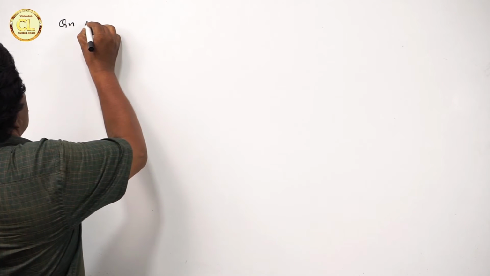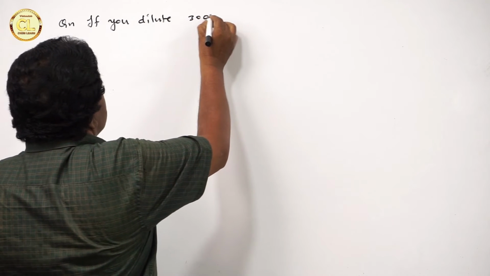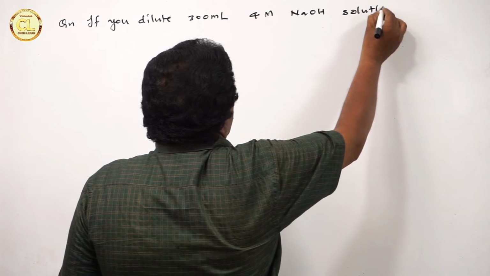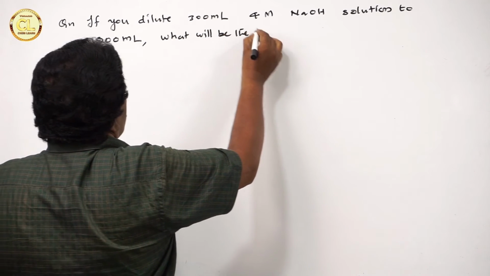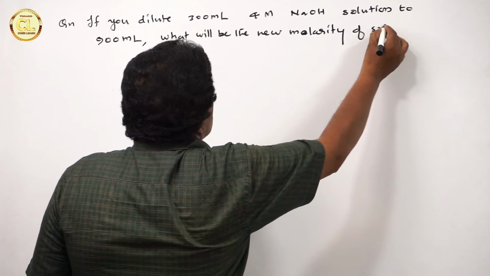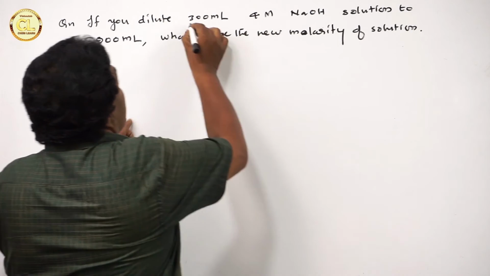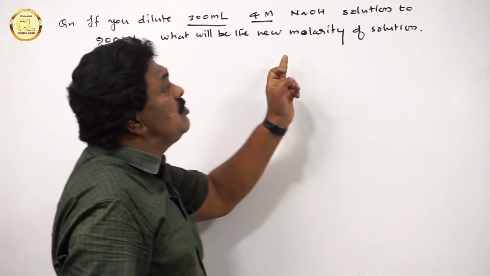Some more problems in molarity. Question: if you dilute 300 milliliter of 4 molar NaOH solution to 900 milliliter, what will be the new molarity of the solution?